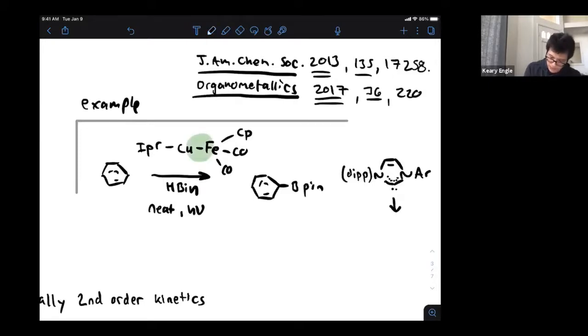And the key step here is this bimetallic mediated HBpin cleavage step.